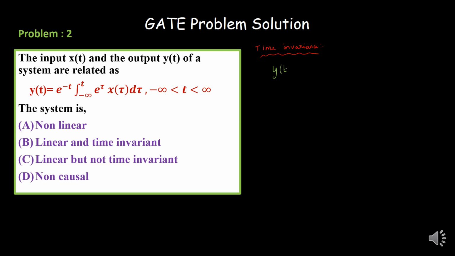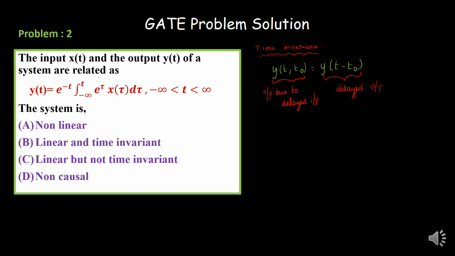The condition is y of t comma t naught equal to y of t minus t naught. Y of t comma t naught is the output due to delayed input. Y of t minus t naught is the delayed output, the output itself delayed.